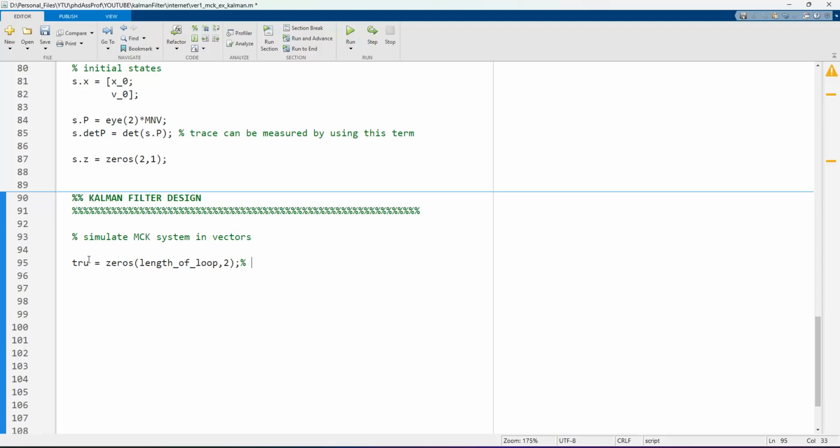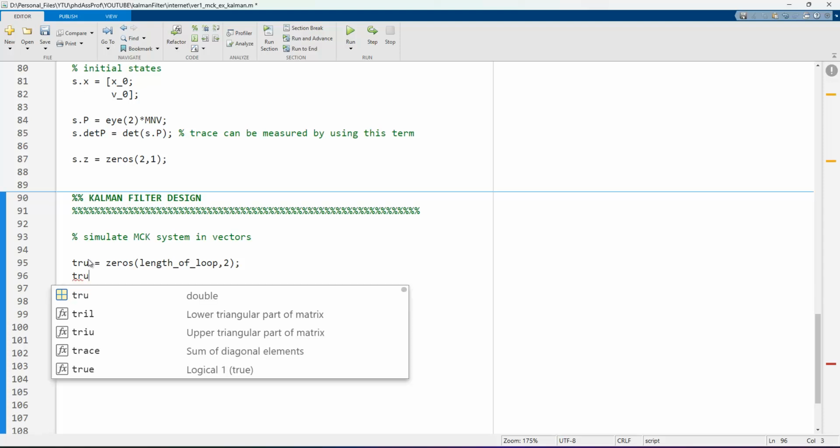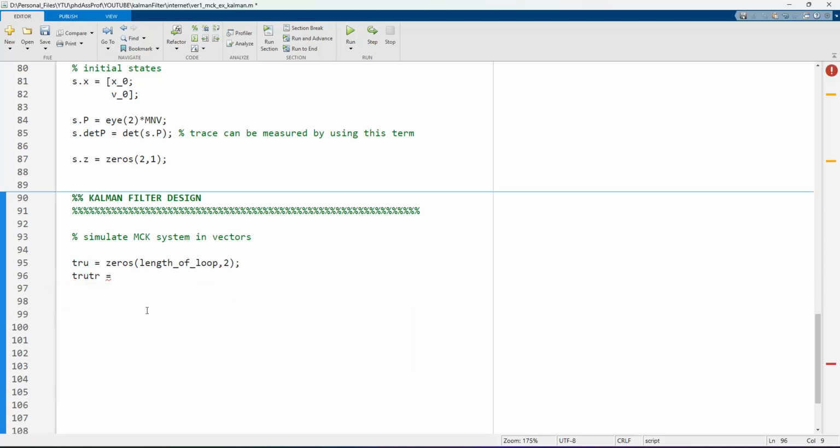Okay, and so true TR is equal to the same idea, the norm dynamics. This is the true dynamics. And also we need to define true noisy signals, zeros.